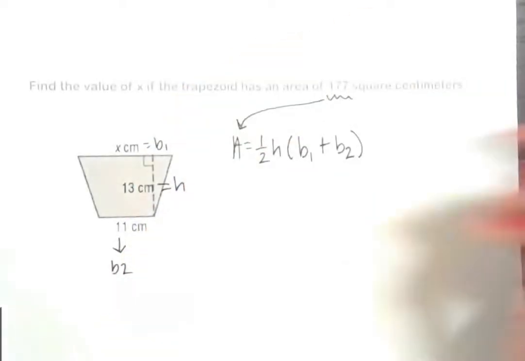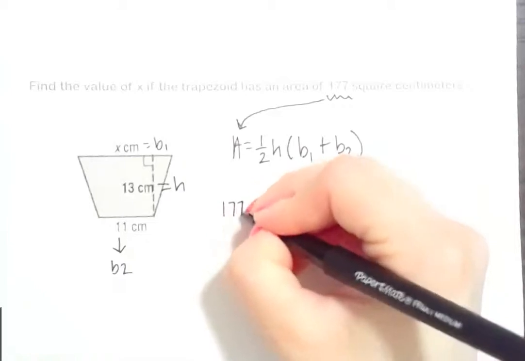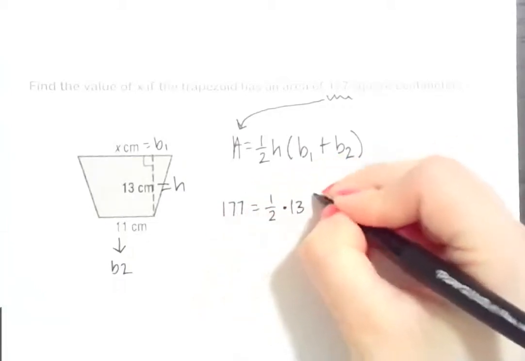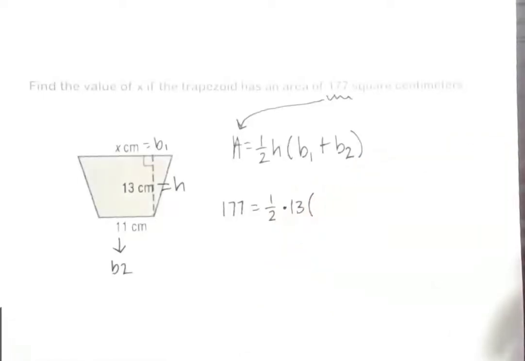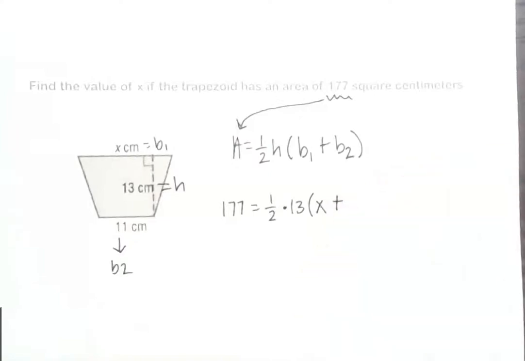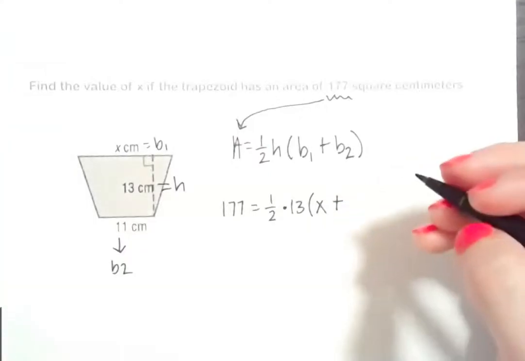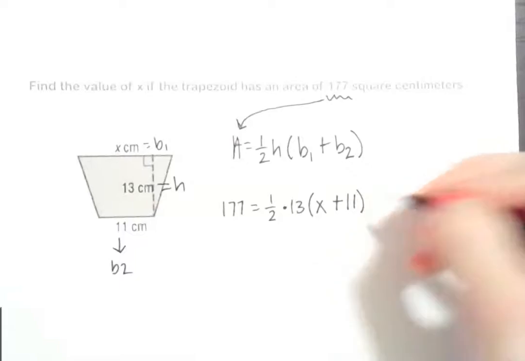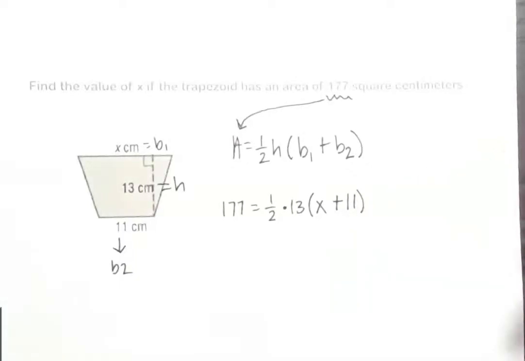So let's plug in. So I'm going to have 177 equals half. Our height is 13. Our base 1 is x, and our base 2 is 11. So the beauty of this is we have a few different ways we can do it.